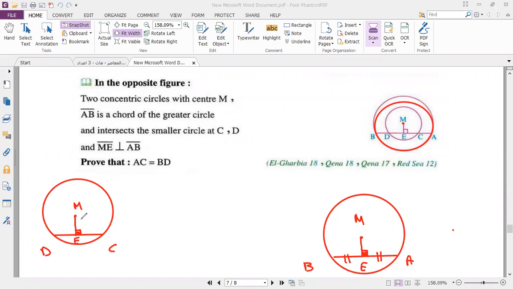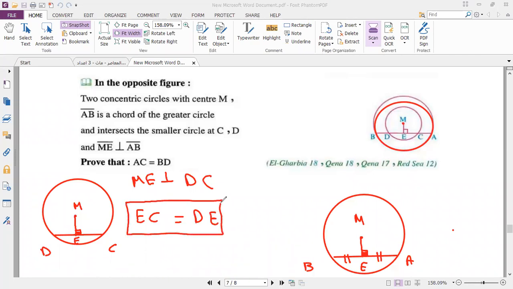Since in the smaller circle, ME is perpendicular to DC, E is the midpoint of DC. So EC equals DE. This is the most important point you should know. They are equal. This is number one. And in the larger circle, you write the same: ME is perpendicular to AB. Okay.